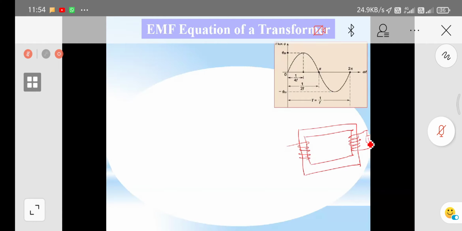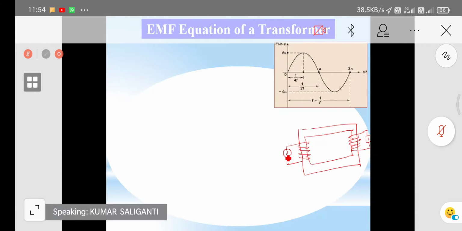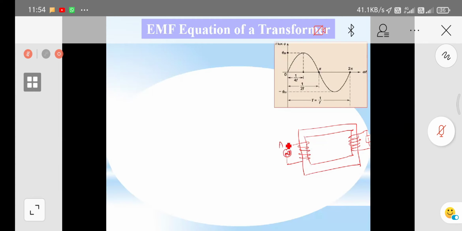This is the load. This is the primary. Generally the primary is a sinusoidal source, an alternating voltage, an AC supply of 50 hertz.